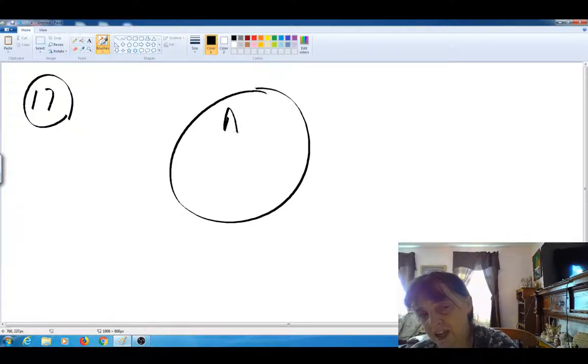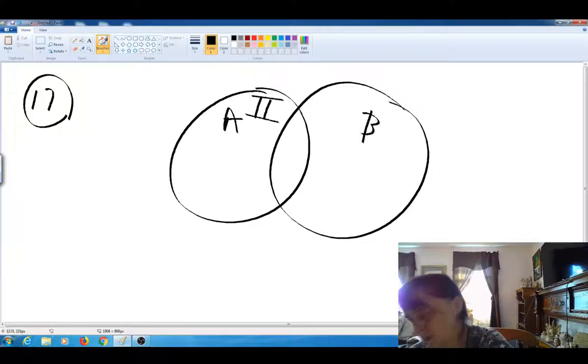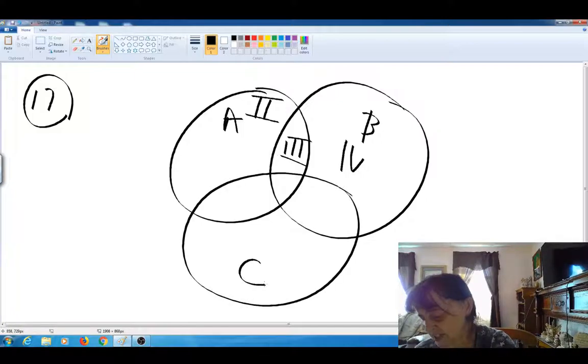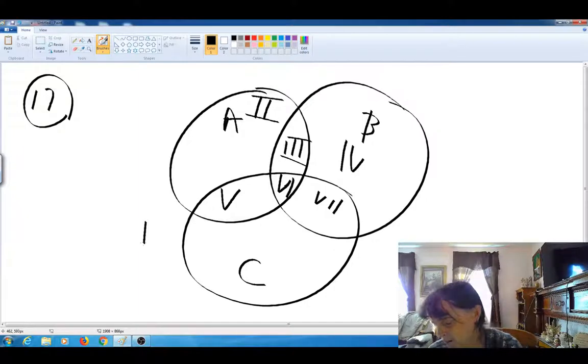This is region A, which is region 2, region B, this is region 4, this is region 3, this is region C, and here's 5, this is 6, 7, and here's region 1. Here's 8.